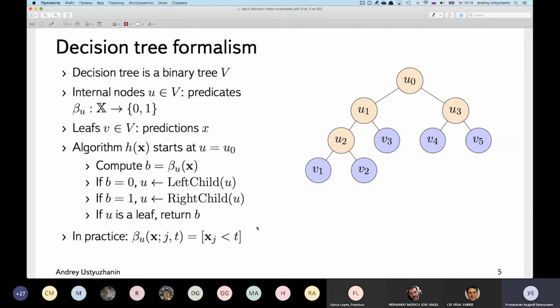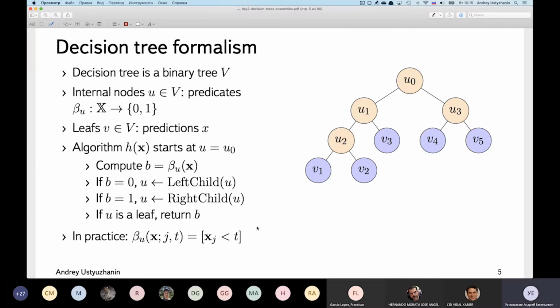So we say we have a decision tree V. We have a structure that contains internal nodes U that belong to V, and with every node there is a predicate that evaluates all the features of our objects and computes the number either 0 or 1.